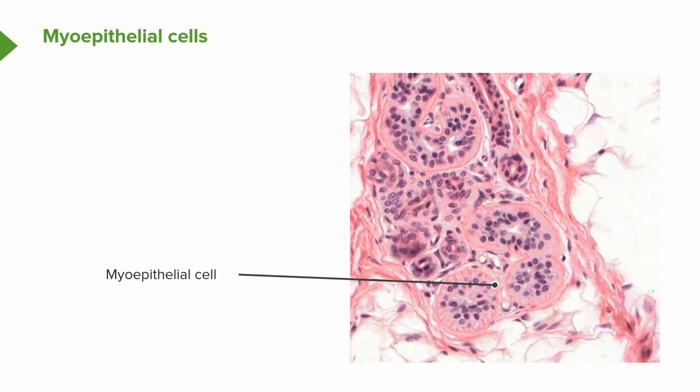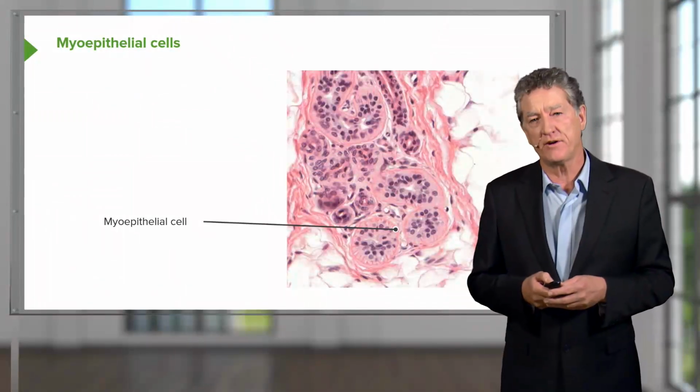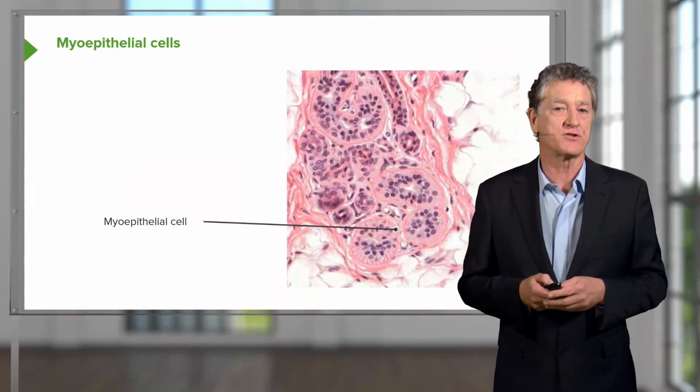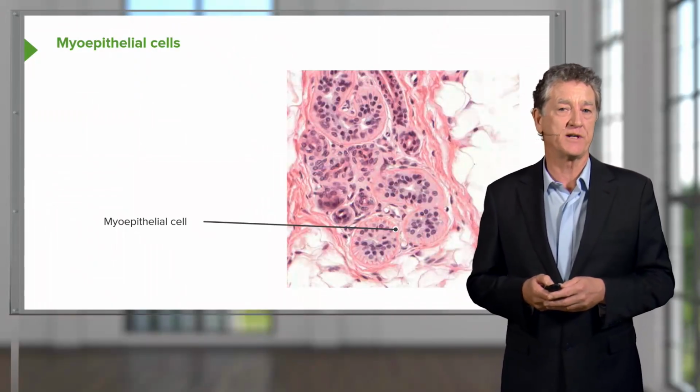But what I want to bring your attention to is the myoepithelial cell. As I said, they're contractile cells and they wrap around the secretory units. They hug the secretory units like an octopus. And you can see very, very fine little red lines on the outside surfaces of these secretory cells.